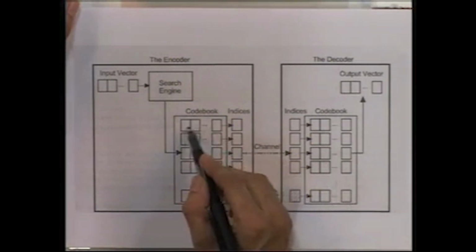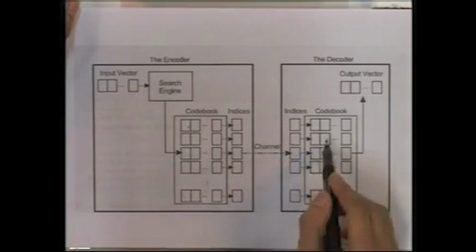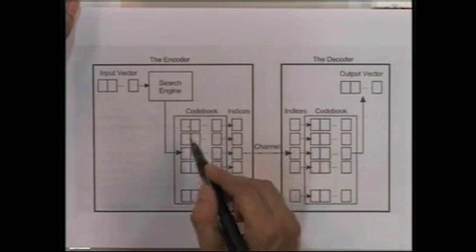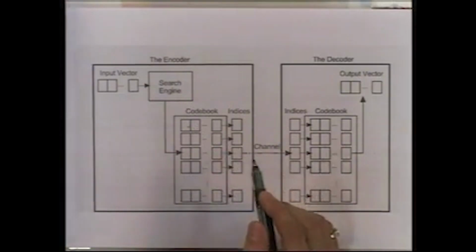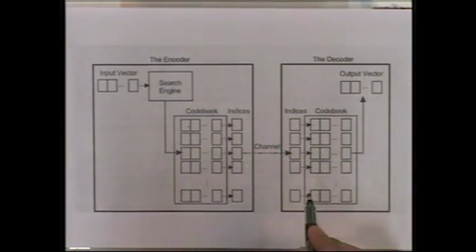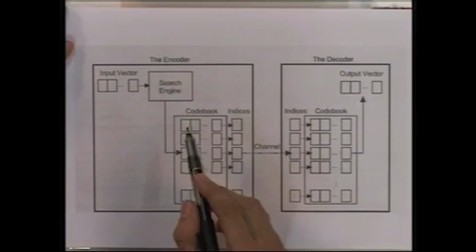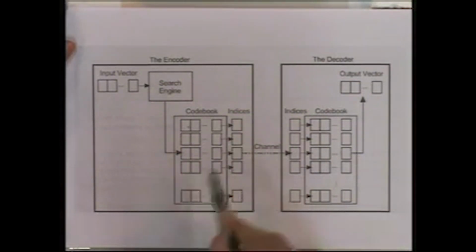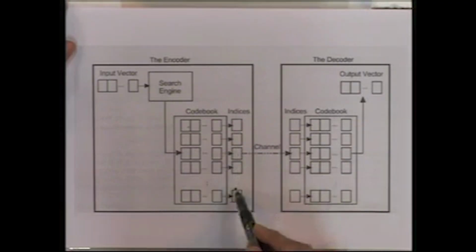These code words or code vectors are selected to be representative of the vectors we generate from the source output. Each code vector or code word is assigned a binary index.